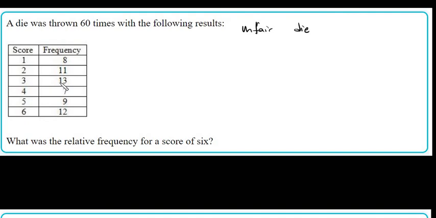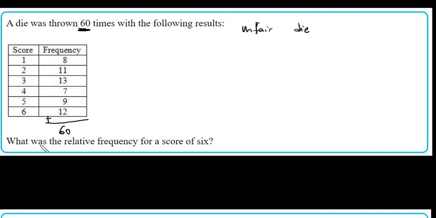The number that we see on our die, we see 3 13 times, 4 7 times, 5 9 times, and 6 12 times. So when you add these frequencies, you should get 60. Let's add them. 11 plus 8, 19, plus 13 is 32, plus 7, 39, plus 9, 48, and plus 12, 60.